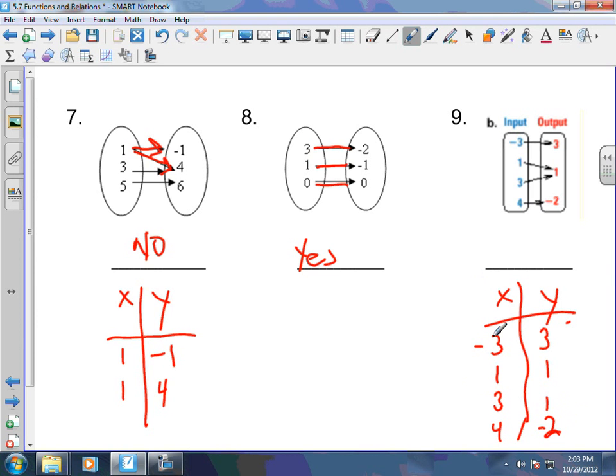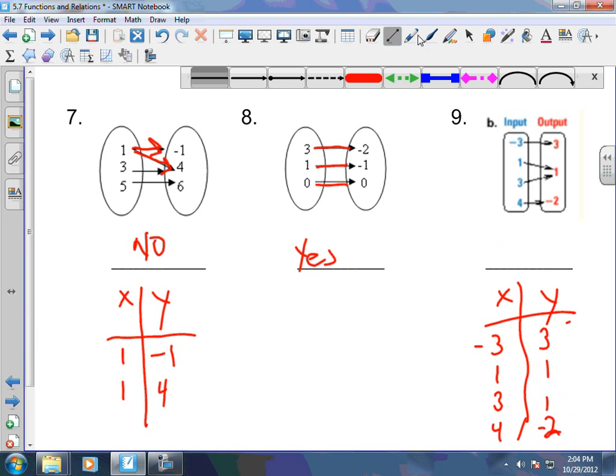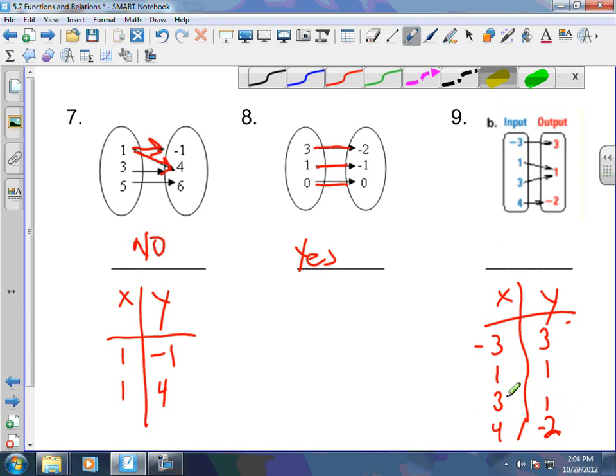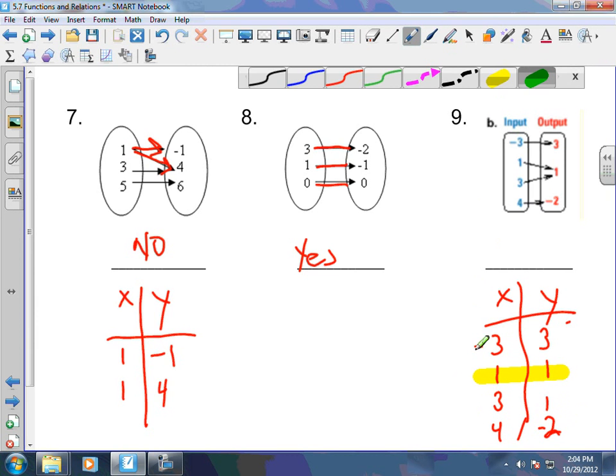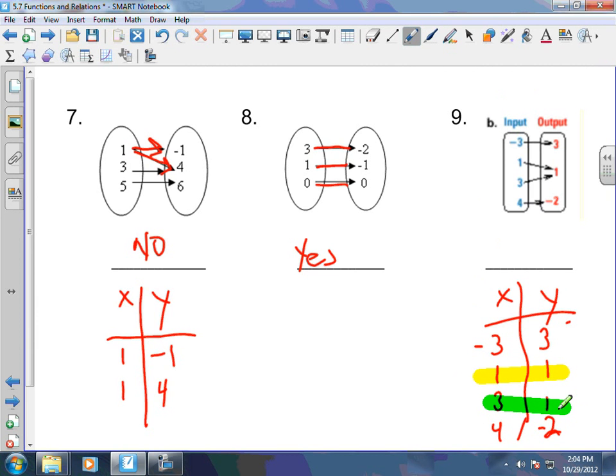No, it is a function. Okay, 2 different x's can equal the same y. That's fine. So here, x equals 1, y equals 1. X equals 3, y equals 1. That's okay. 2 different x's can equal the same y. The same x cannot equal 2 different y's.